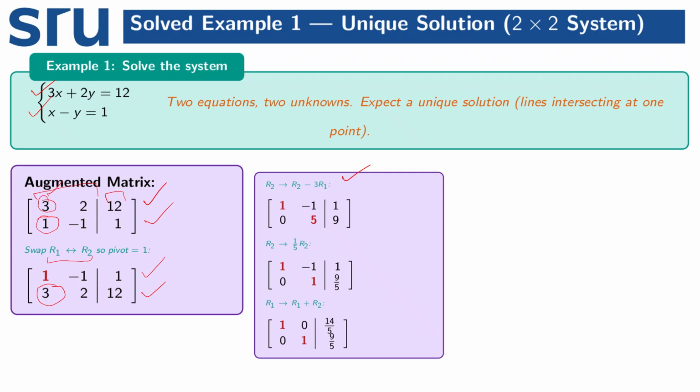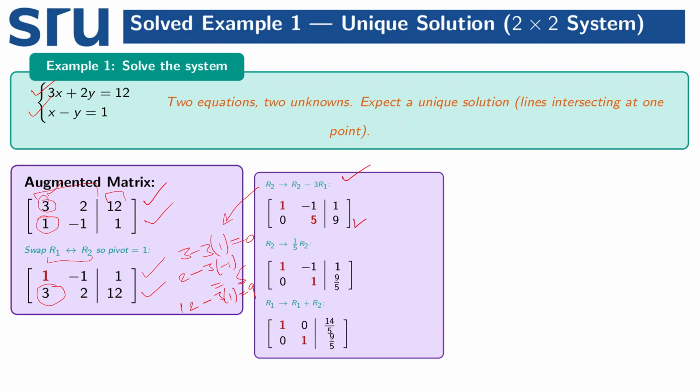In row 2, 3 minus 3 times 1 equal to 0, because of this operation. Also, 2 minus 3 times minus 1, this is 2 and this becomes plus 3, will be equal to 5. Then 12 minus 3 into 1 will become 9. So our second row becomes 0, 5 and 9.